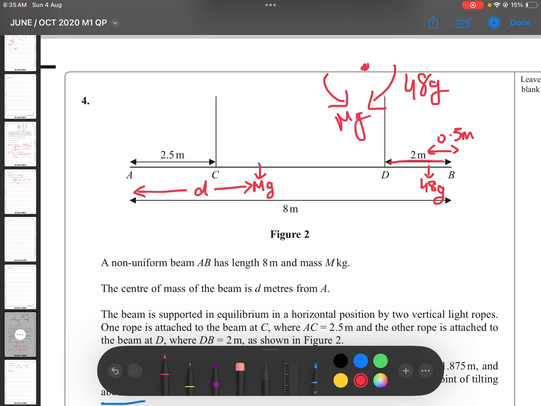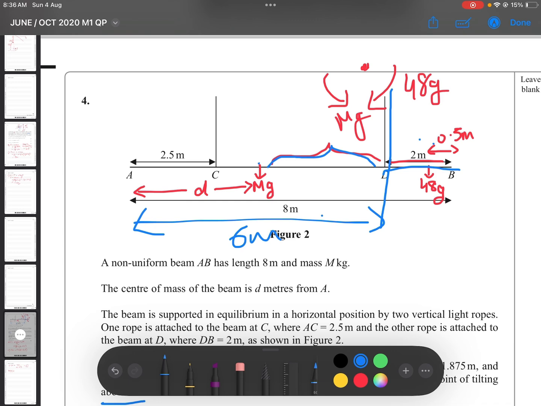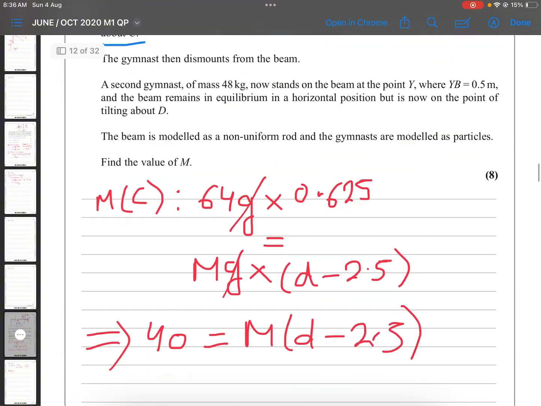What is going to be the distance from D to M? We know that this part is 2 meters, right? So let's imagine that this part is no more there. If we want this part, it's going to be 8 minus 2, so this part itself is only 6 meters. And from here to here, it's going to be 6 minus d. I hope that made sense.